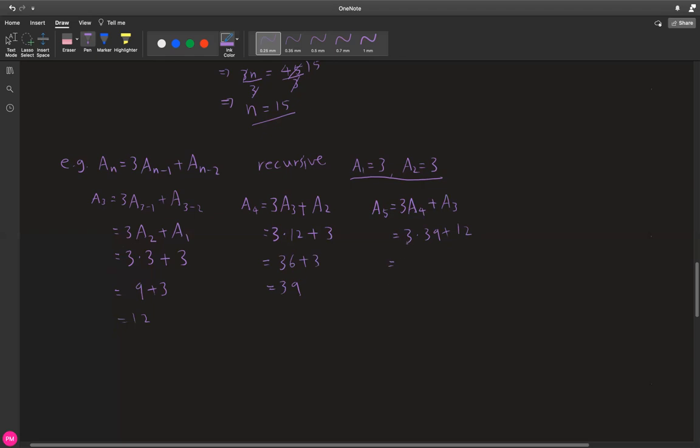I think 3 times 39 is 117. I think that's right. So plus 12 should be 129. And you can use these numbers to find a sub 6 and a sub 7 and so on. Does that make sense?